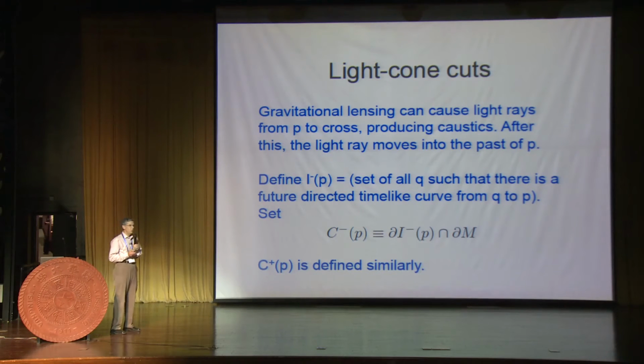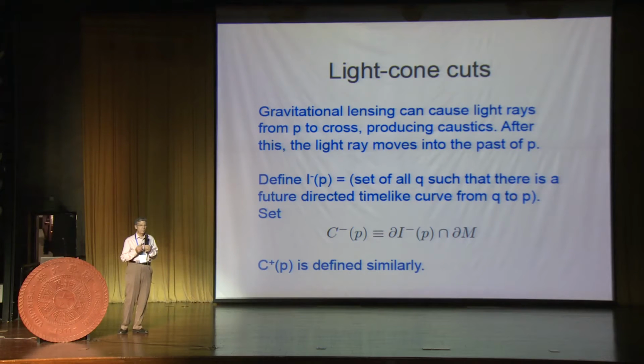OK, so you can't actually use the light cone of a point to determine these light cone cuts because of gravitational lensing. So two null geodesics emanating from a point might end up crossing, and that's a caustic. And after the null geodesics cross, they actually become time-like. They enter a region which is time-like related to your initial point.